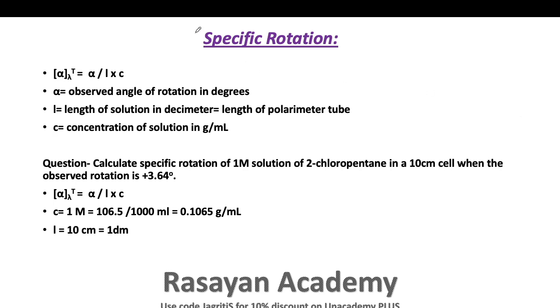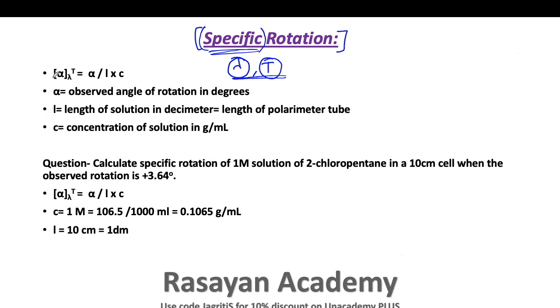Okay, so let's start about the term specific rotation. Now, what is the difference between the optical rotation and specific rotation? So, as you get from the name itself, specific rotation means that it is going to be specific to a particular compound at a specific wavelength. So, the wavelength has to be mentioned, and at that particular temperature and that particular wavelength, it is always going to be the same.